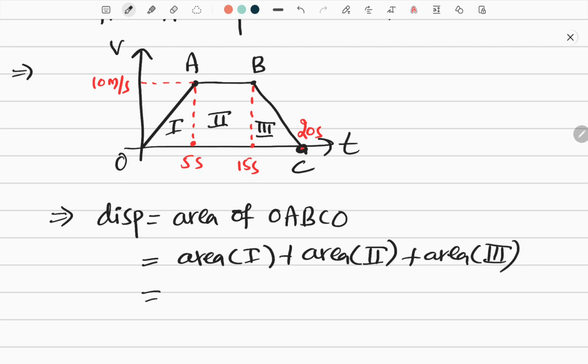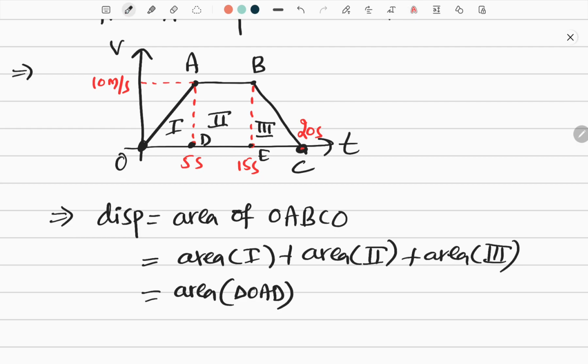Now when you look at the first part, let me name this point D, and this point E. Don't you think the area of the first part means the area of the right triangle OAD, from O up to point A?